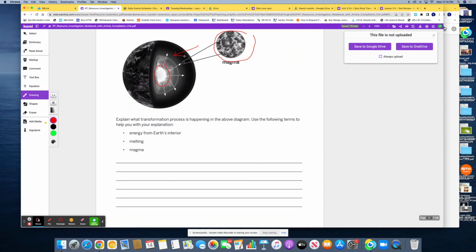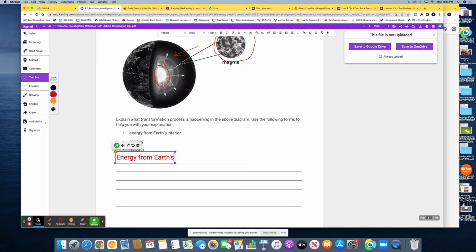Explain the process. We have energy from Earth's interior melting rock, which is making magma. That's it.